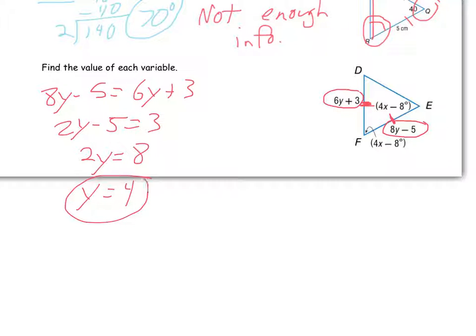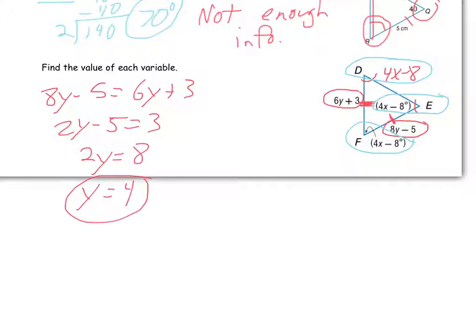So that's one variable. Well, if they're isosceles, or if these two sides are congruent, that means these two angles are congruent. And if angle E is 4x minus 8, then angle D is also 4x minus 8. But if you notice, this angle is 4x minus 8, this angle is 4x minus 8, and this angle is 4x minus 8. That means all the angles are congruent.